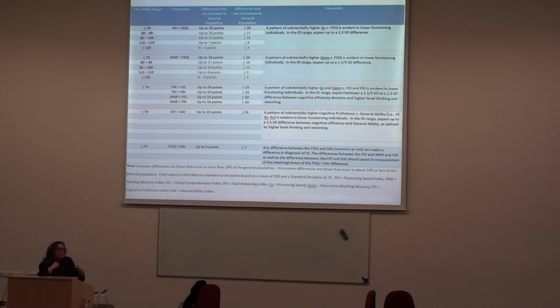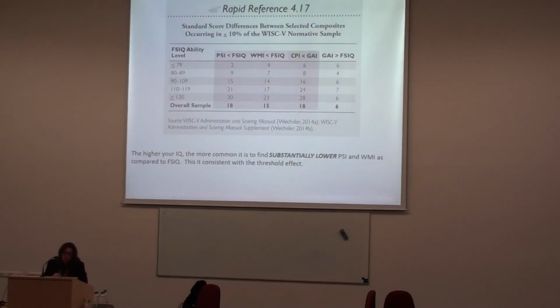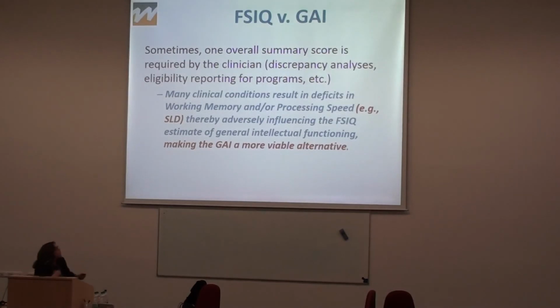So what I'm trying to say is that the lower functioning you are, you see those low G-loaded tests higher than your high G-loaded tests. That's to be expected. You shouldn't expect to see anything else. But that also goes to show that your GAI is your better index than your full-scale IQ.